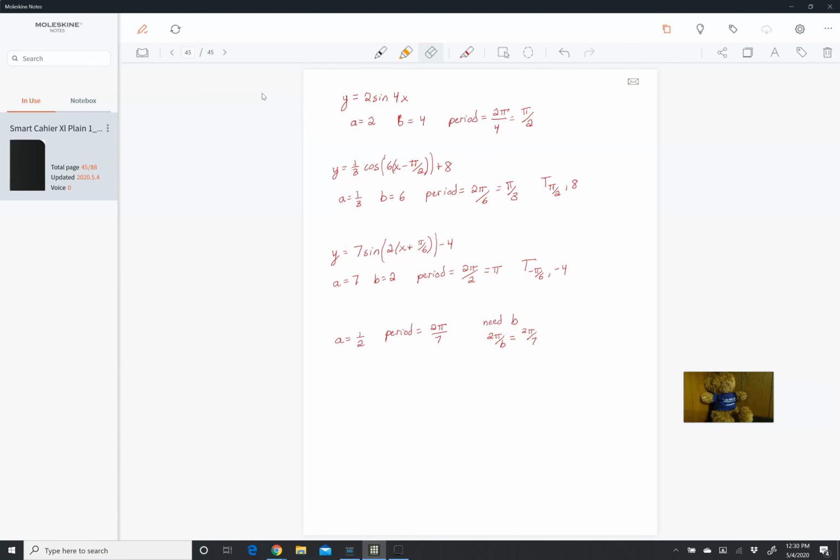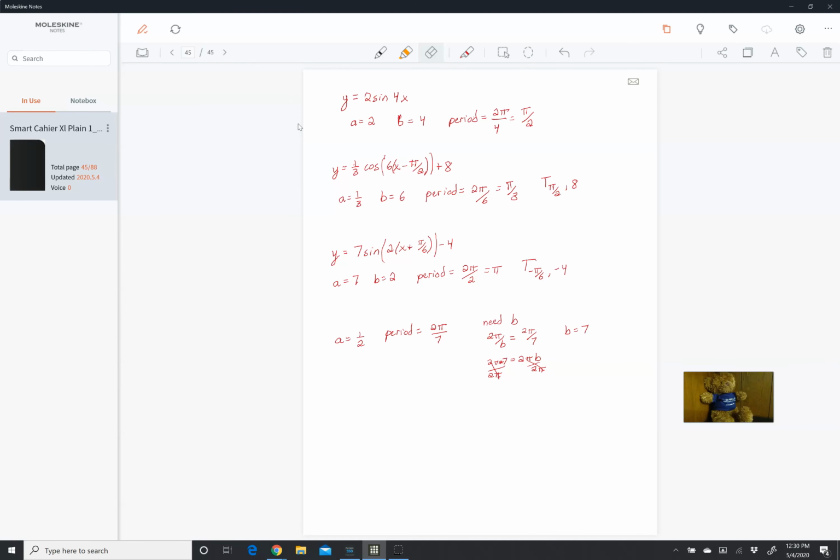If we solve, we get that b is equal to 7. You can cross multiply. So here it's very easy to see. You have 2 pi times 7 is equal to 2 pi times b. If you divide both sides by 2 pi, the 2 pi cancels.